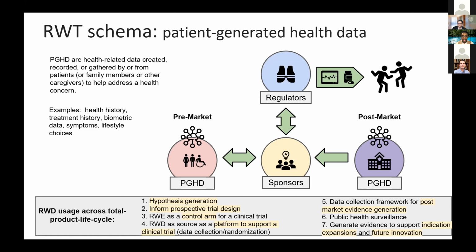Per the diagram, you can see how PGHD is leveraged across the product life cycle, both pre- and post-market. If you look at the base of the graph, you can see in this gray bar how PGHD, and really real-world data in general, can be leveraged in these particular buckets in the pre-market and post-market spaces. Next slide, please.